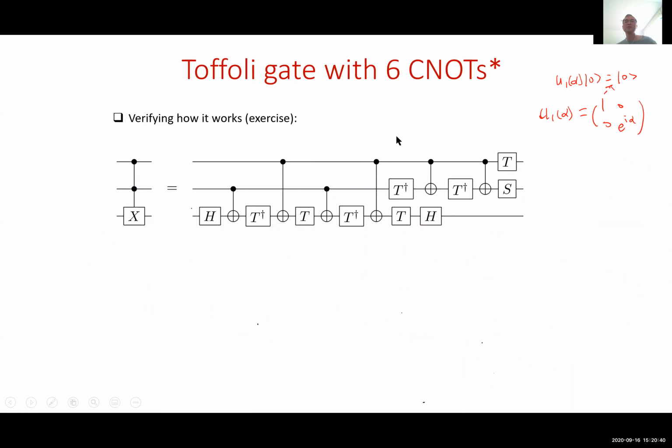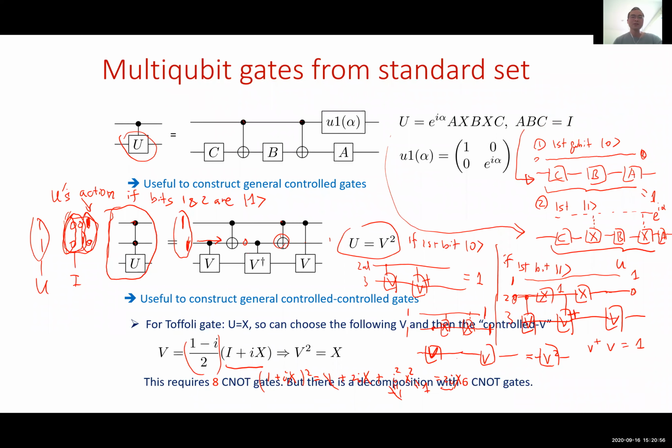So this one is more complicated. So I would assign this as an exercise. It's probably worth going through that, but let me put this in context. If we use this previous way to construct a Toffoli gate, we already have 2 CNOTs here.